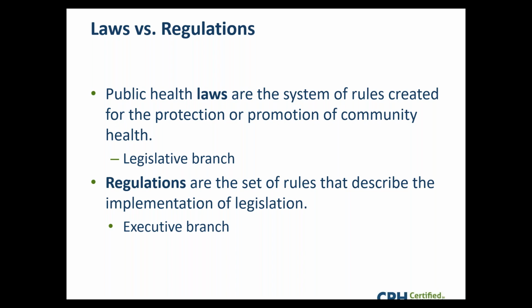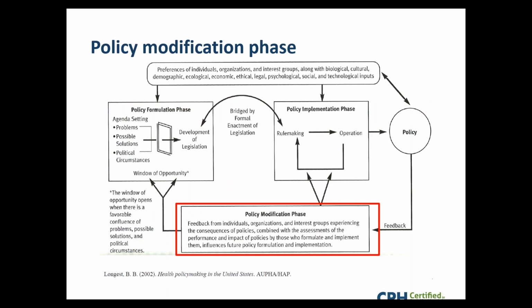So once the policy is implemented, it becomes the law of the land, so to speak. It becomes something that can be enforced through policy. And as you can see, that circle on the right-hand side. At this point, in all policy, the cyclical nature becomes apparent because the policy then gets modified based on the feedback from individuals or organizations about how that policy is working.